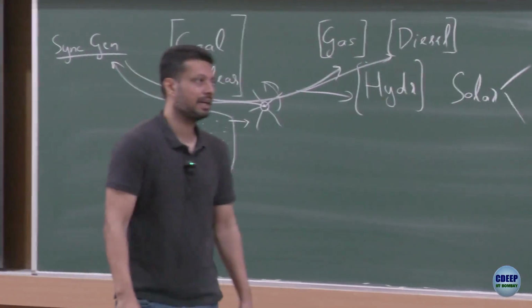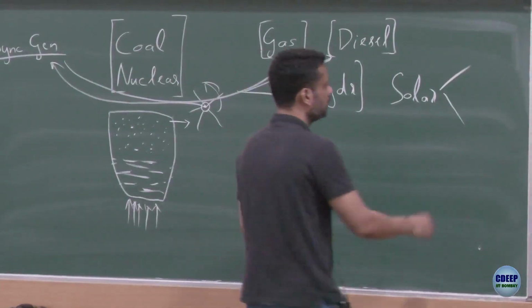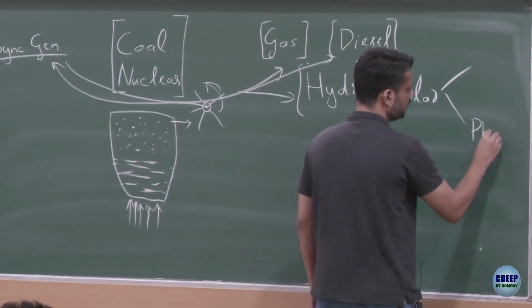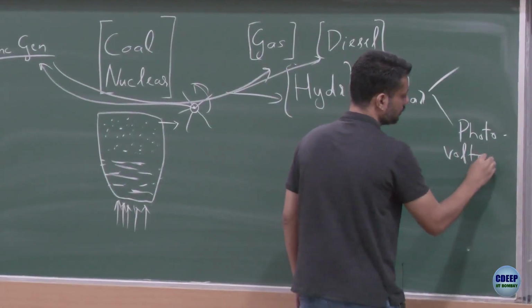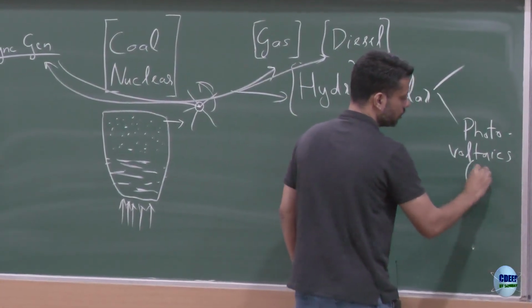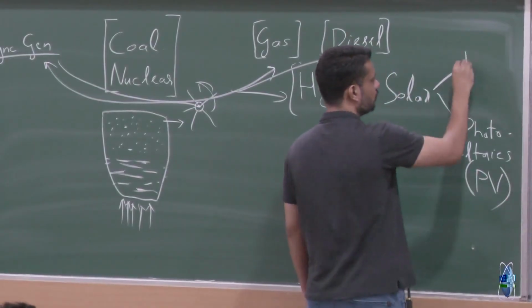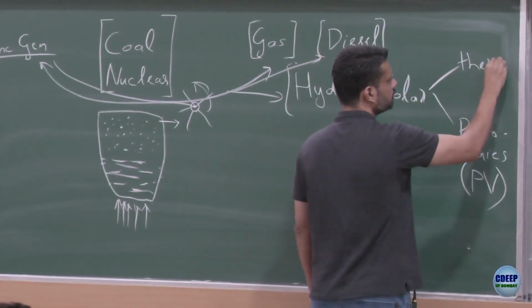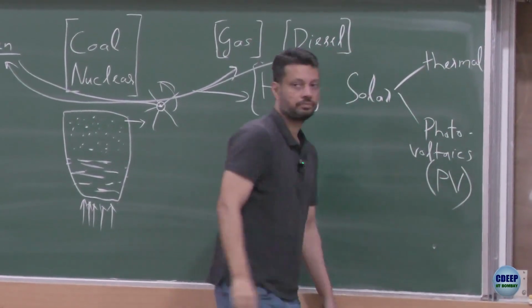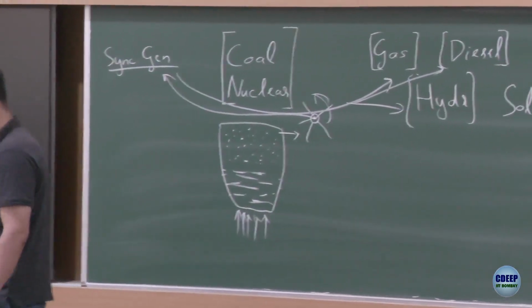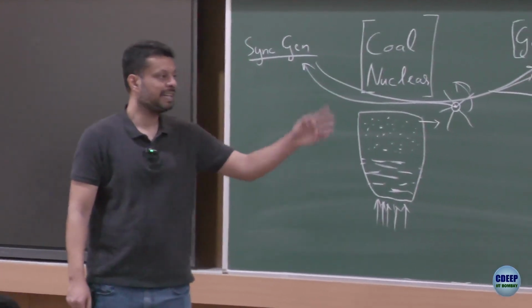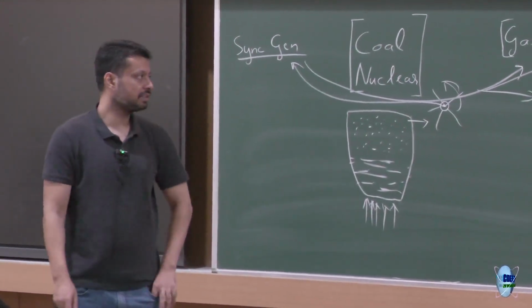If you go back 20 years, there is of course solar photovoltaics, which you can just call solar PV, and then there was solar thermal. So what are these two? These were the two competing technologies for solar when it started.